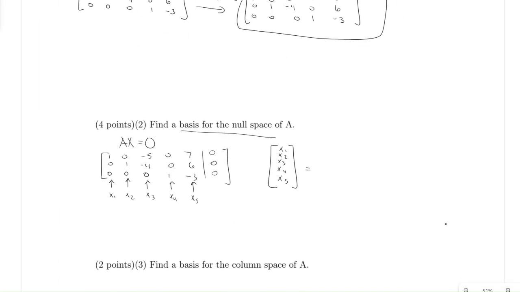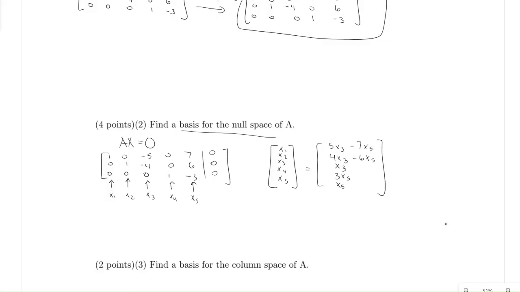From x1, we move these 2 terms to the other side, and that gives us 5x3 minus 7x5. For x2, we move these to the other side, we get 4x3 minus 6x5. And x3 is just x3, so we just leave it at that. And x4 is equal to 3x5. And x5 is just x5.